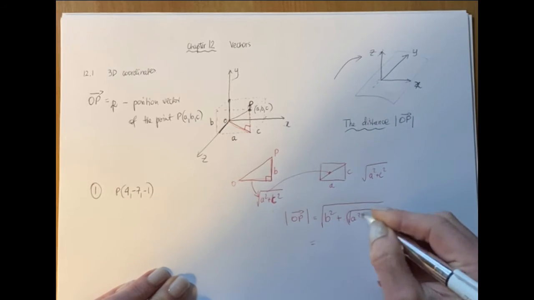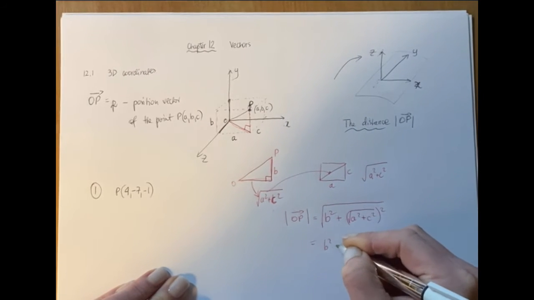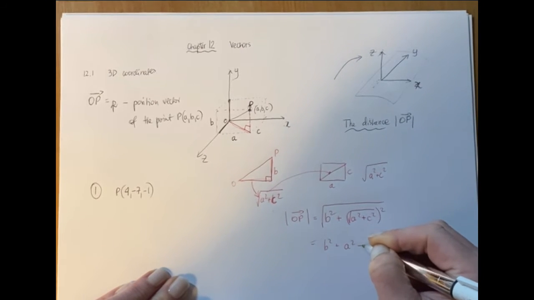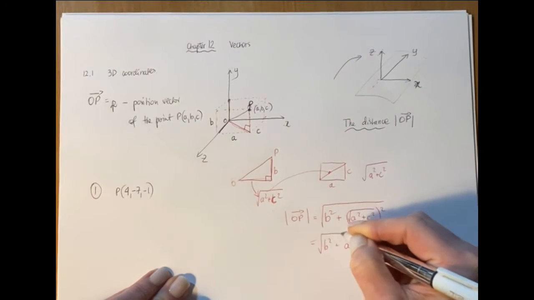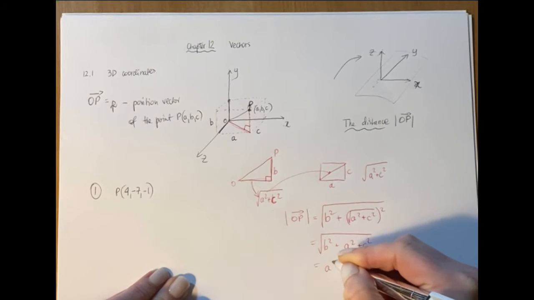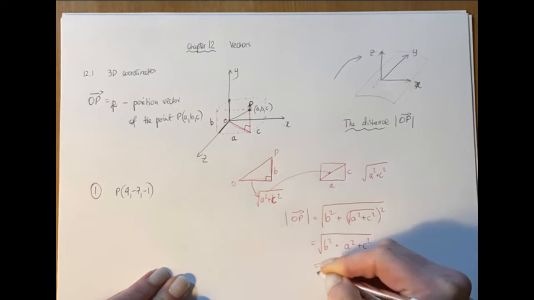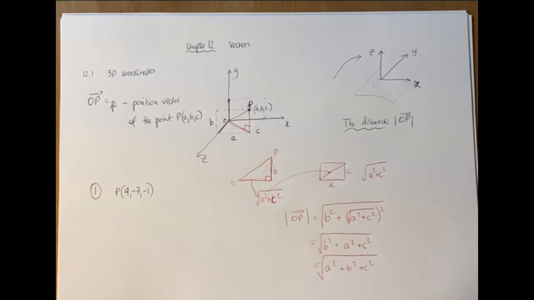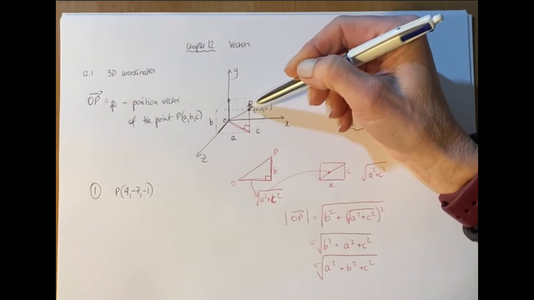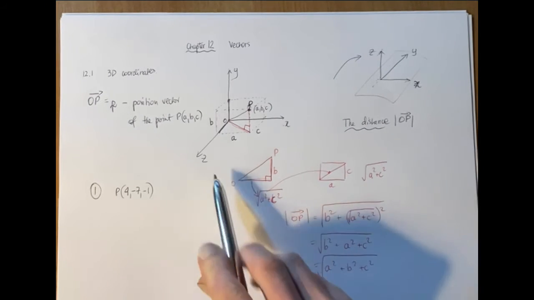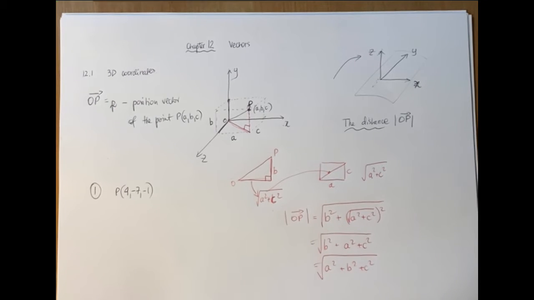So if you tidy this part up, you've got the square root and then square it, so these are inverses of each other. So you're actually going to get extended Pythagoras theorem to 3 dimensions. So it's the longest diagonal, and the length of any vector is simply the directions, so A, B, C, all squared, added together, square rooted.